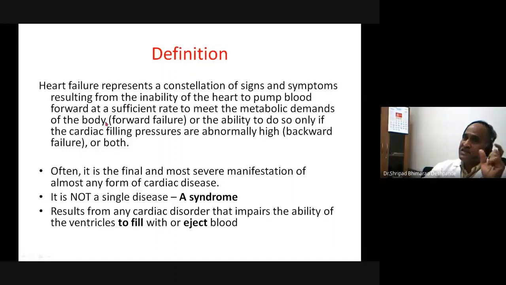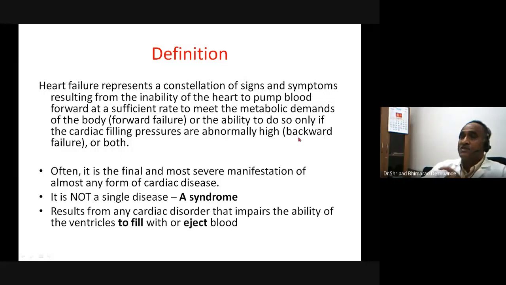This is known as a forward failure, or the ability to do so only if the cardiac filling pressures are abnormally high. So ability to do so is what? Ability to pump out the blood, if the cardiac filling pressures are abnormally high.